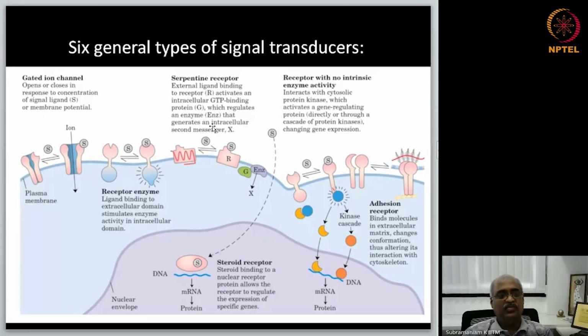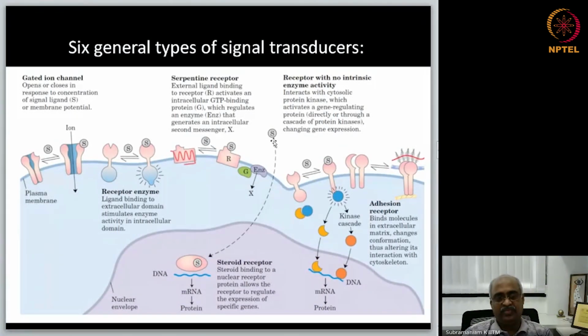And the fourth one is a molecule like the glucocorticoid, mineralocorticoid, and other steroid hormones, where they are hydrophobic. So they're not stopped at the plasma membrane.